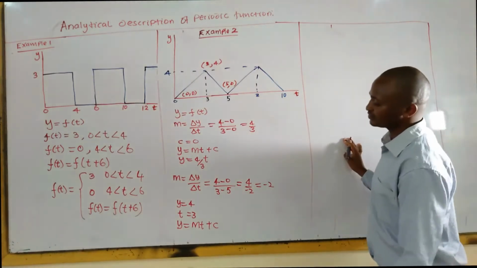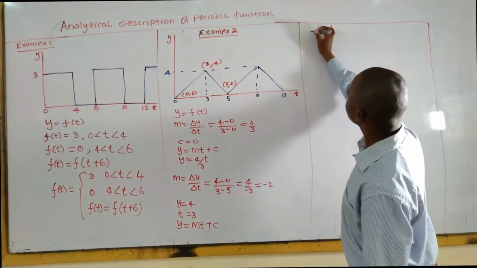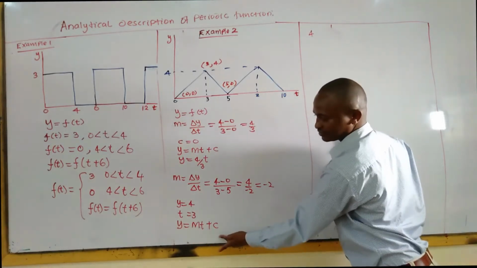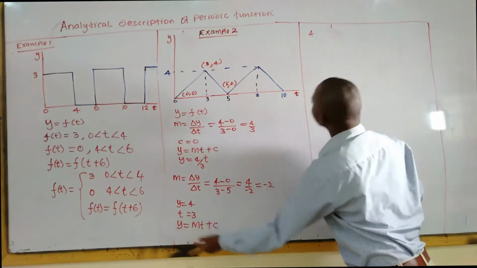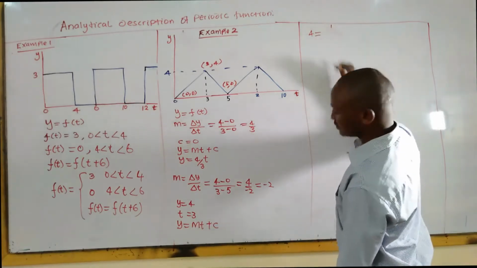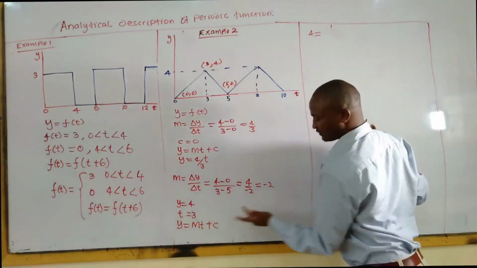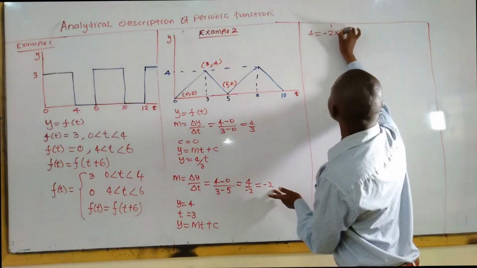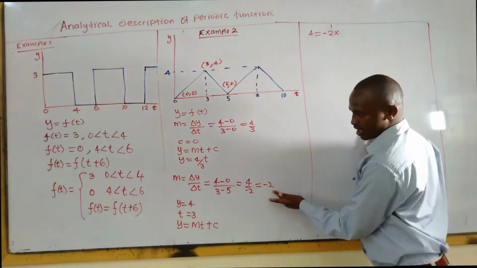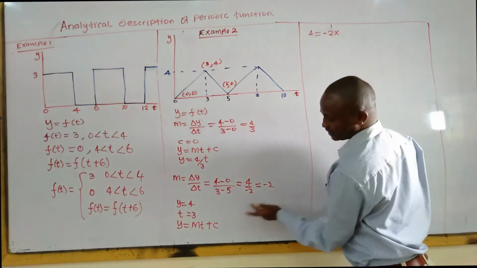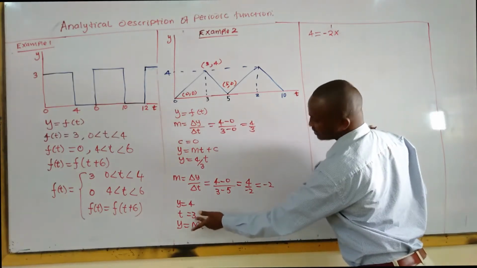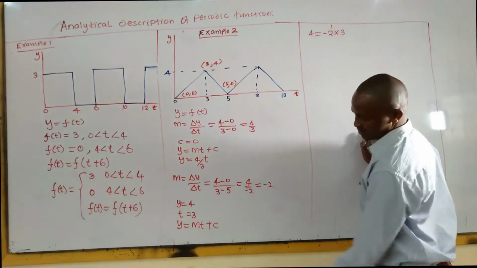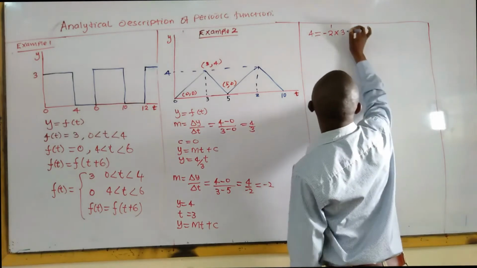Substituting these values in this equation, y is 4 is equal to the value of the gradient we have found to be negative 2 times the value of t, in this case t here is 3, times 3 plus c. Now the y-intercept.